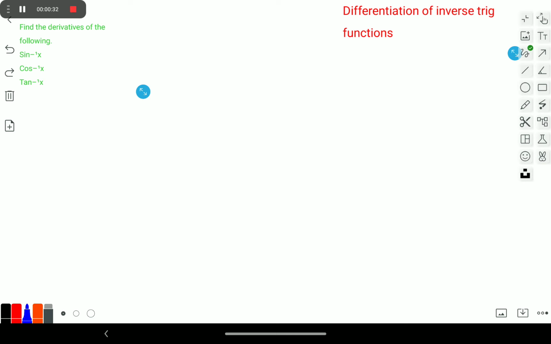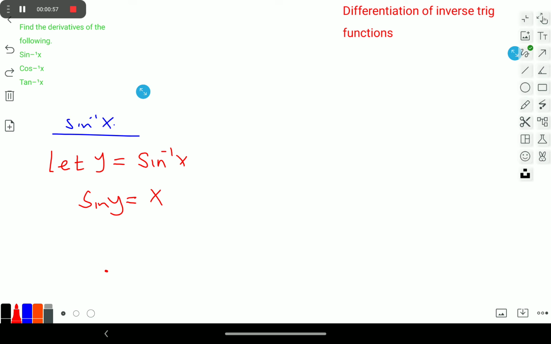Find the derivative of the following: sine inverse of x. Now, for sine inverse of x, we shall say let y is equal to sine inverse of x. And from trigonometry, we have that sine of y will be equal to x.